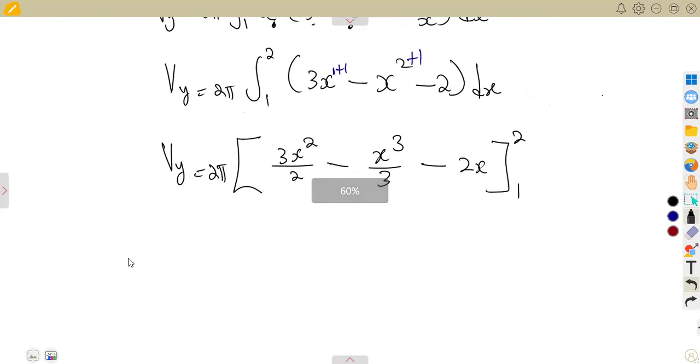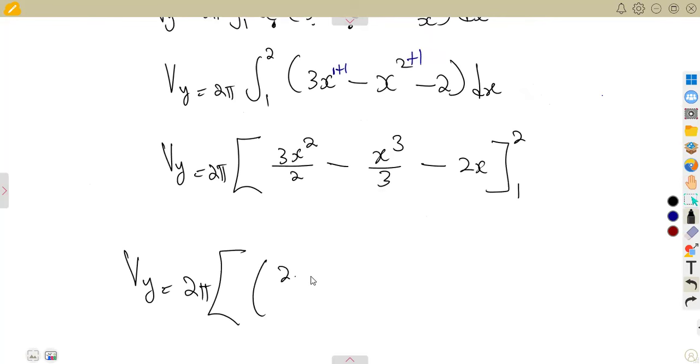All right, so let us just substitute our limits. Vy is going to be 2 pi into the upper limit where x is 2, so that will be 3 times 2 squared over 2 minus 2 to the exponent of 3 over 3 minus 2 times 2.